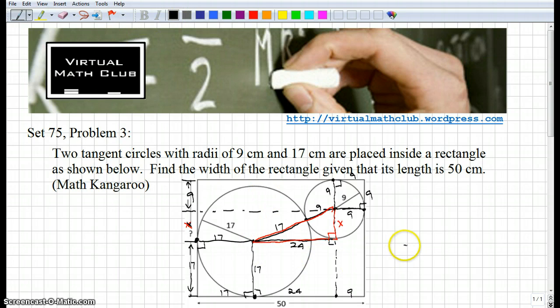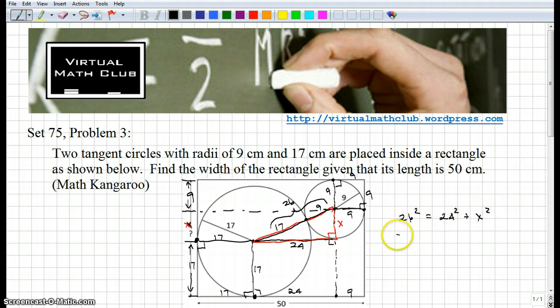So we need to use the Pythagorean theorem. On this side here, I can combine these two radii, so this is a total of 26. We have a hypotenuse of 26 and one leg of 24. By the Pythagorean theorem, 26 squared is equal to 24 squared plus x squared.